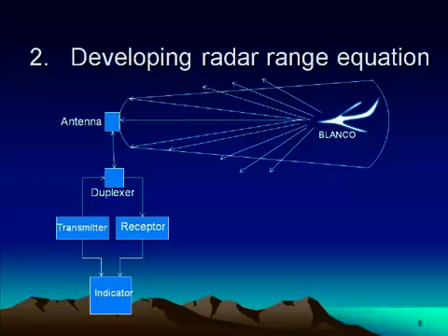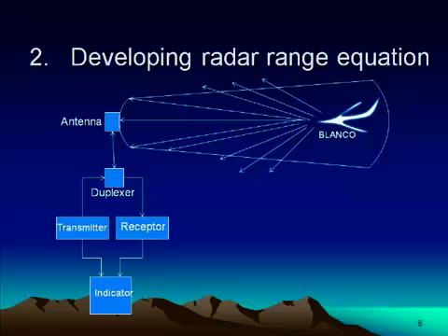When the scattered power is again traveling, it gets reduced because it gets expanded. A very small portion of this is going to be present at the receiver location. Depending on the capability of the receiving antenna, we will have a certain amount of power received.